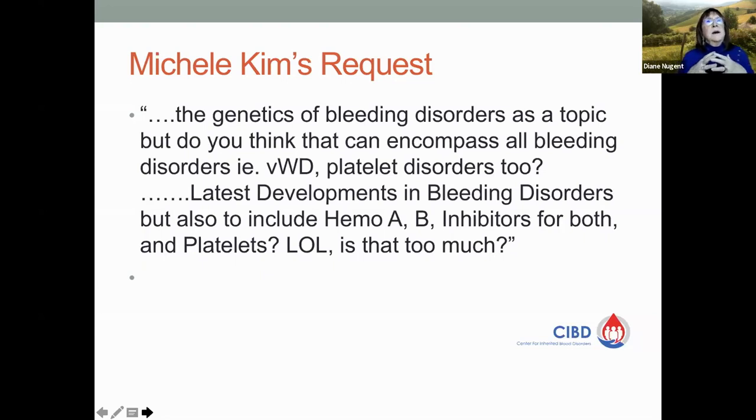And hemostasis means the control of bleeding. I'll throw in the genomics as well, because that applies to everybody with a factor deficiency or platelet disorder. Then we can talk about something I'm very passionate about, that research is now being led by patients. They've stepped into the driver's seat and said, this is what we want you to work on, and this is what we want to participate in.